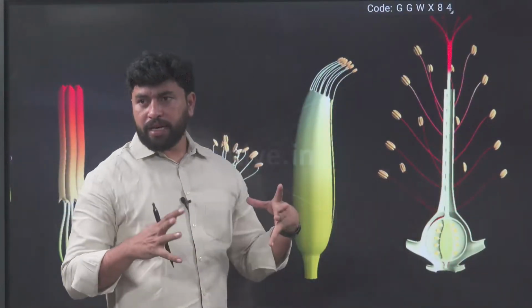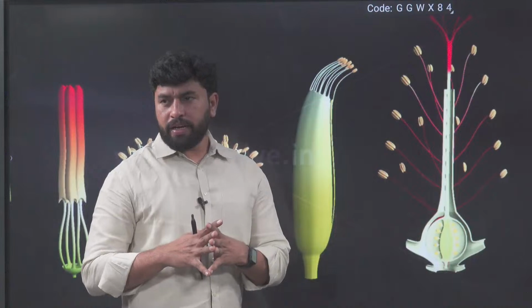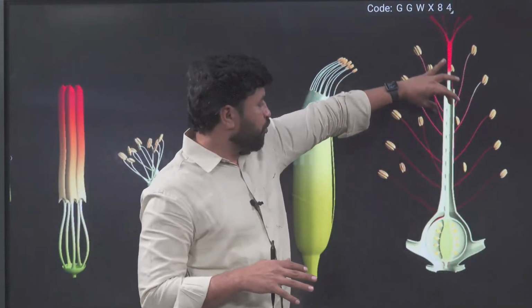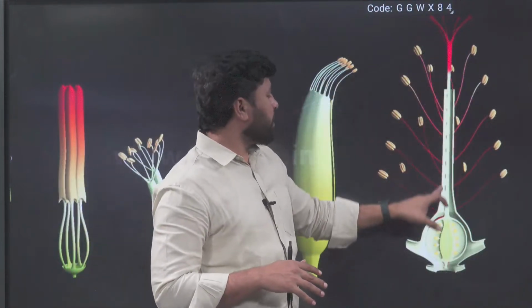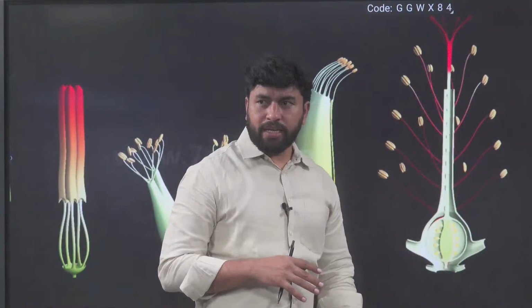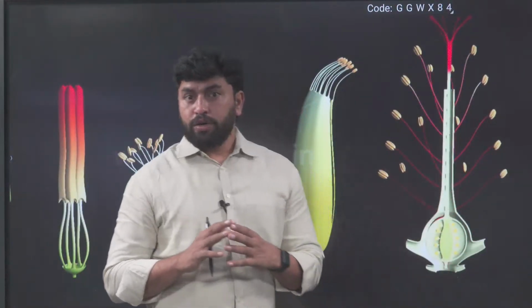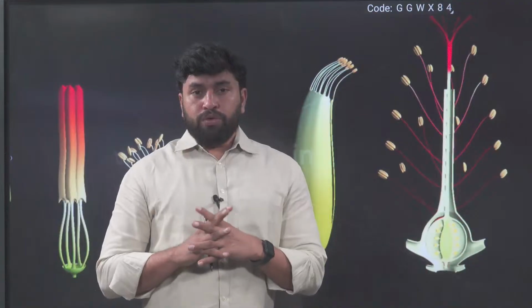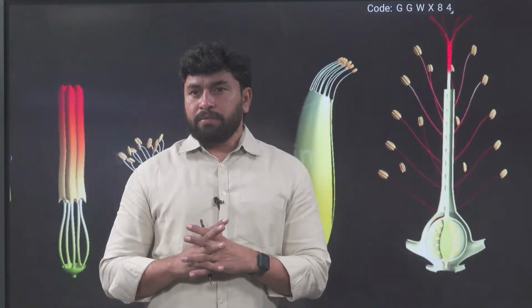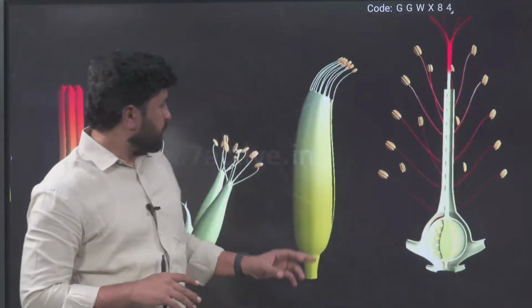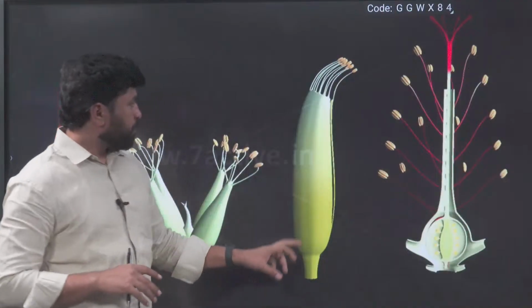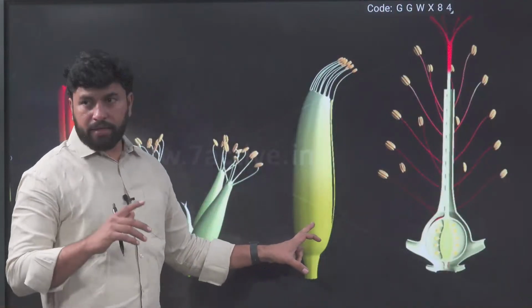All the filaments have been united and converted in the form of a tube-like structure around the gynoecium, or around the style of the gynoecium. This property we will call monoadelphy. Okay, monoadelphous.